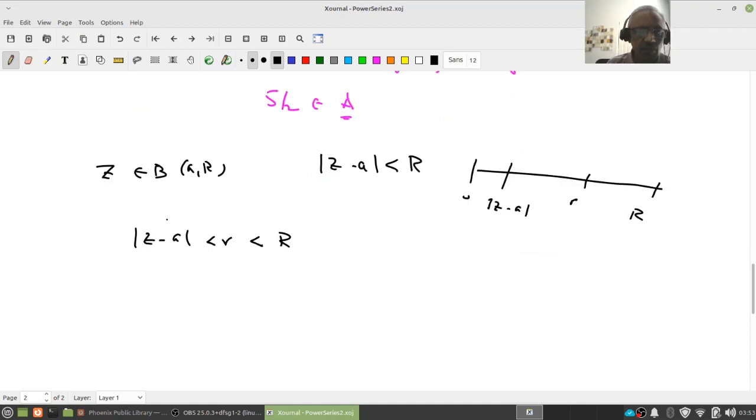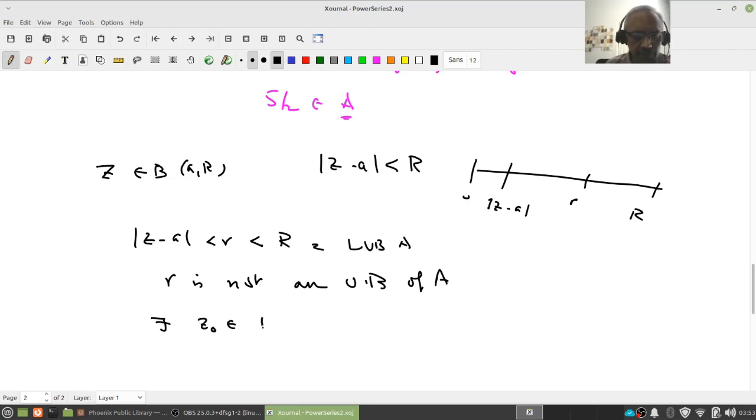Right? Now what do I know? This capital R is the LUB of A, and little r therefore is not an upper bound. So that means there exists a z naught in B(a, R) so that r is less than mod z naught minus a, and that's less than R, right?